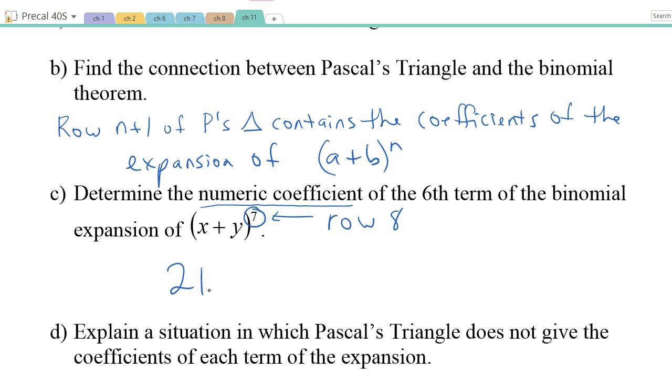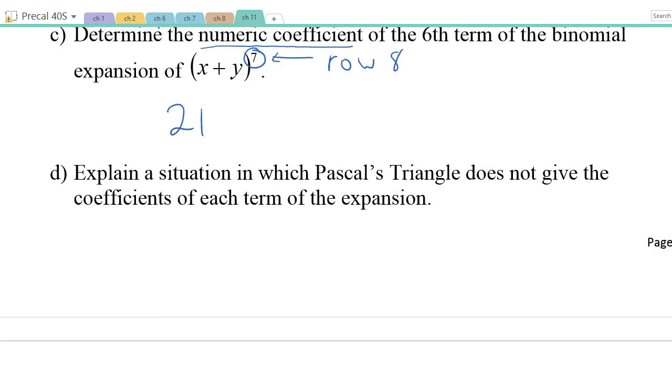That's our answer. Explain a situation in which Pascal's triangle does not give the coefficients of each term of the expansion. Well, what if we had a equal to, say, 2x, and b equal to y?